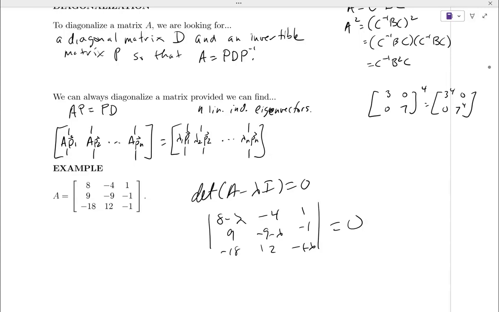Okay. All right. So again, when we solved this, we saw -3, -1, and 2 look like they were the roots, right? So in this case, we've got 3 distinct eigenvalues.